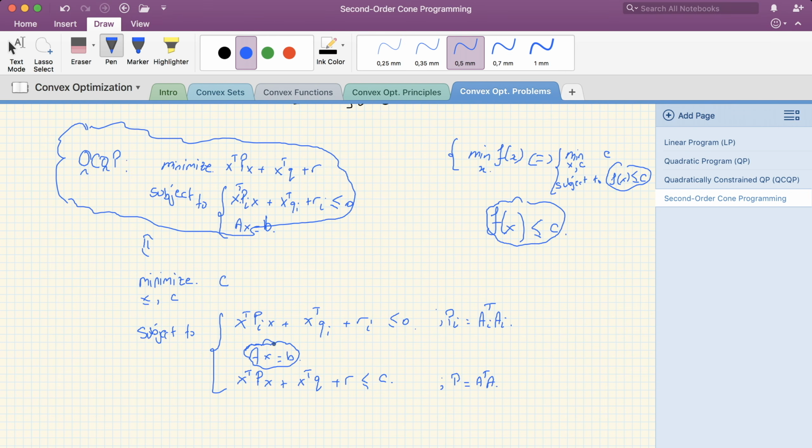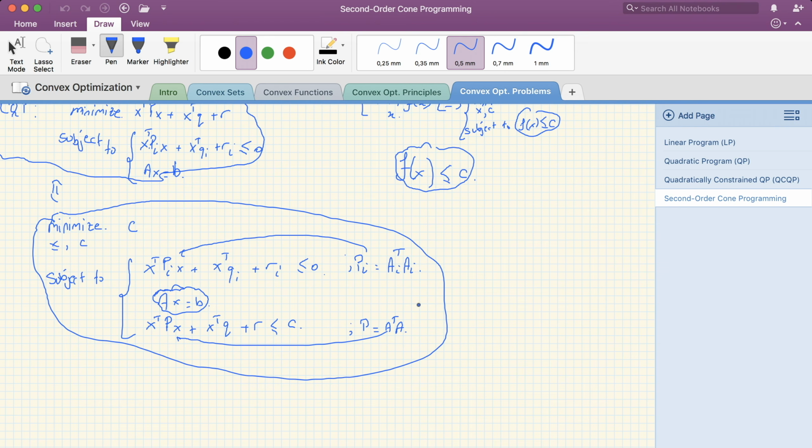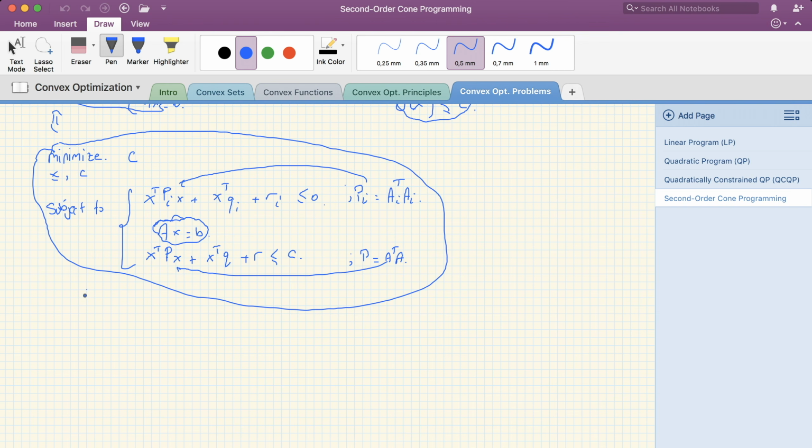So back here, if we replace this decomposition in constraints, we're going to get this. Now, before replacing those decompositions, we also need to do another little decomposition for the Q's. So replacing, we get minimize over x and c subject to x transpose Ai transpose Ai x plus x transpose qi plus ri negative, right?